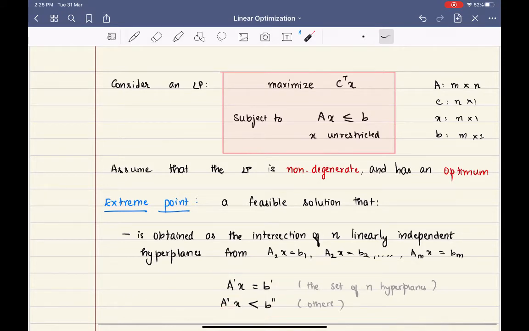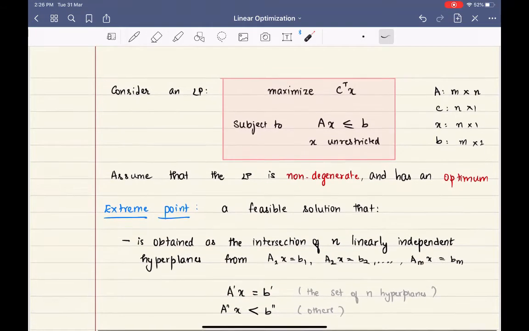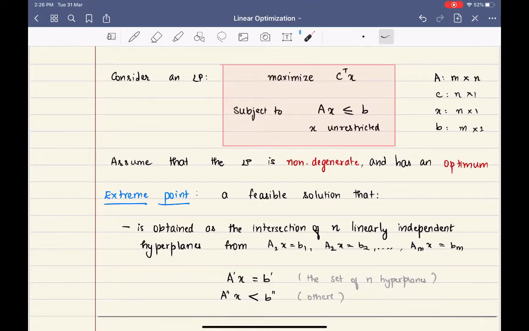Let A prime denote the set of hyperplanes that define this extreme point. Then this point satisfies A prime x equal to b prime, and for the others it satisfies a strict inequality, A double prime x less than b double prime. Since we are assuming non-degeneracy, it will be a strict inequality. So we have recalled this notion of an extreme point.